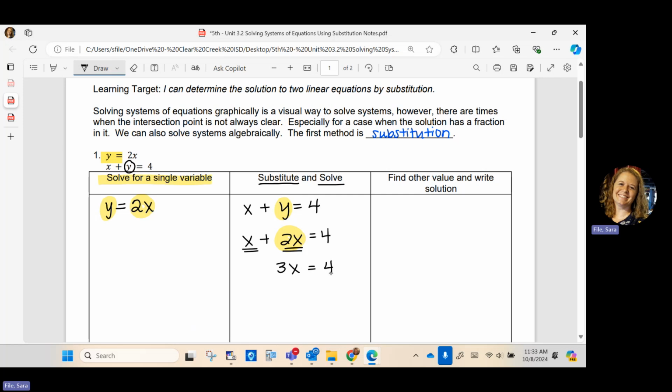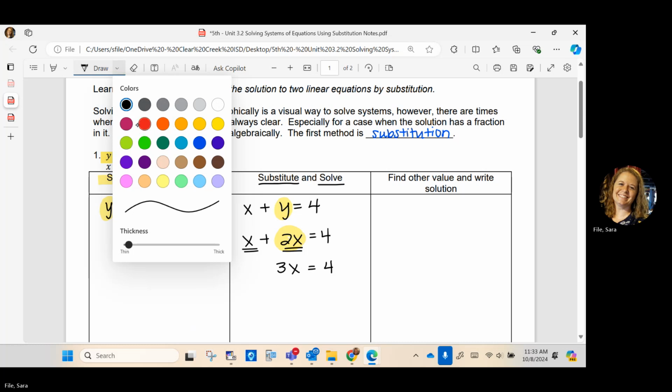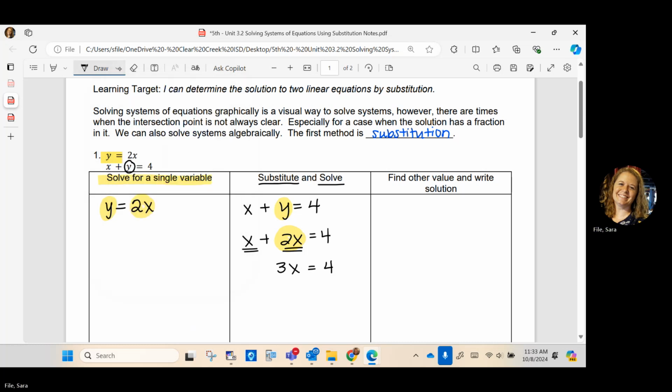That's 3x equals 4. Now if I'm trying to solve for x, how do I get rid of that 3? That 3 is being multiplied by x. So what's the opposite operation? Divide.